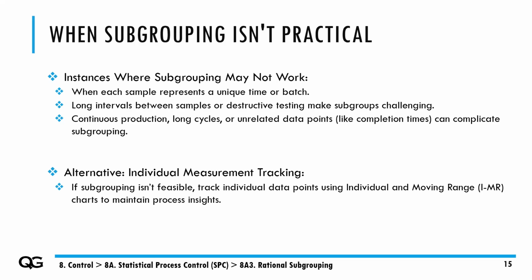Another example could be a continuous production. For example, let's say you are mixing some chemicals and you are making some tablets or medicines out of that. It is a continuously flowing process. So in that case, subgroups might not make sense. You just might have to take a single sample, let's say every hour or every time period. So there are situations where you might have to stick with a single item or a single sample as part of a subgroup.